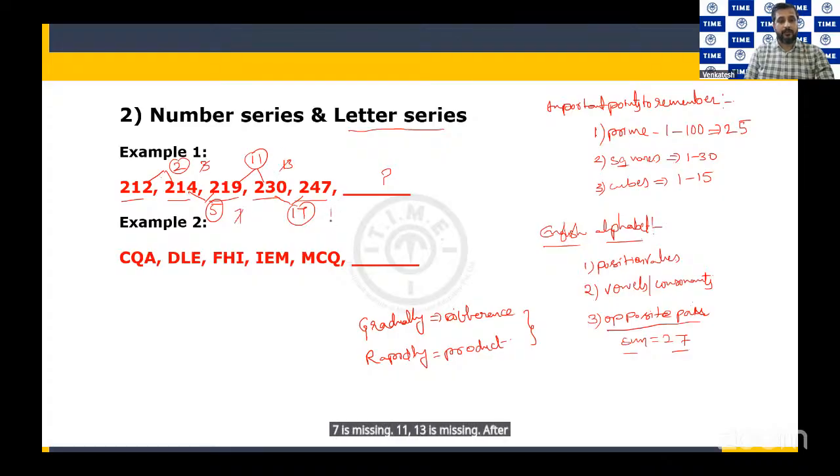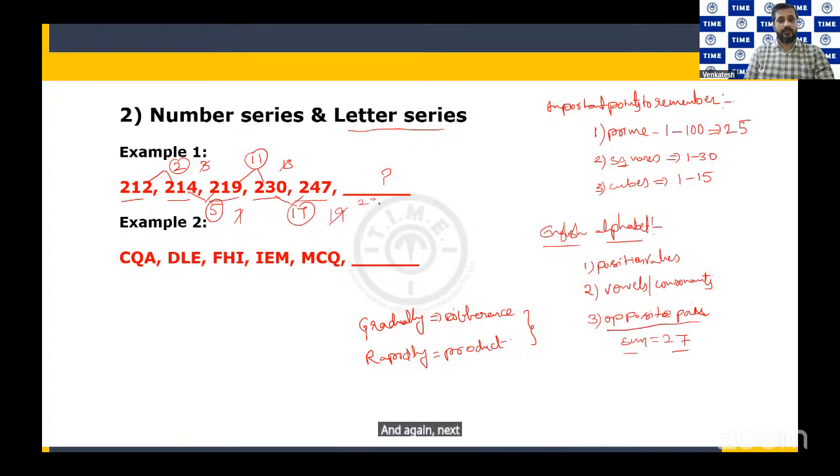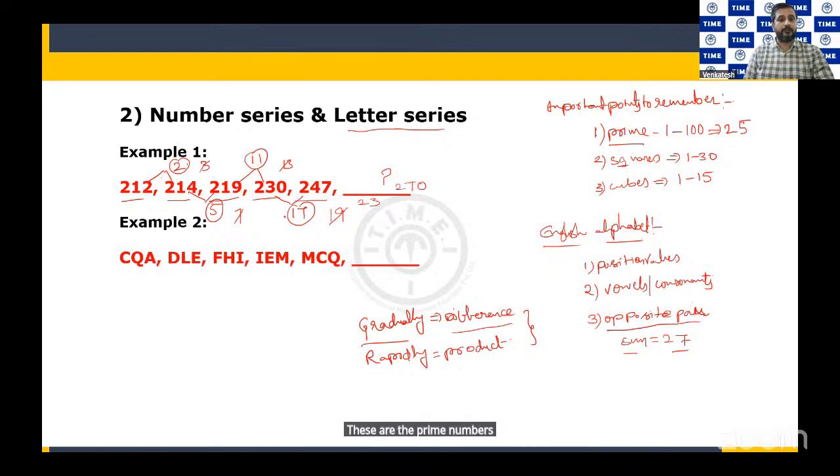After 17, the prime number 19 we should skip, and again the next prime number is 23. So 247 plus 23, 270 is your answer. So you should know that it is increasing gradually, so we need to check for the difference. And these numbers you need to recognize, as I suggested earlier. These are the alternate prime numbers. Then you can complete this question.